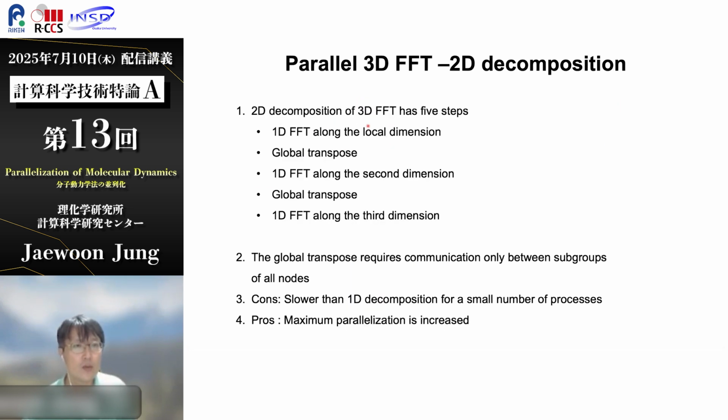So here, we need communication twice. But the number of processors involved in the communication will be smaller than in the slab decomposition case. So if you use a very small number of processes, then this one will be slower than slab decomposition. But we can increase the parallelization when we use a larger number of processes.